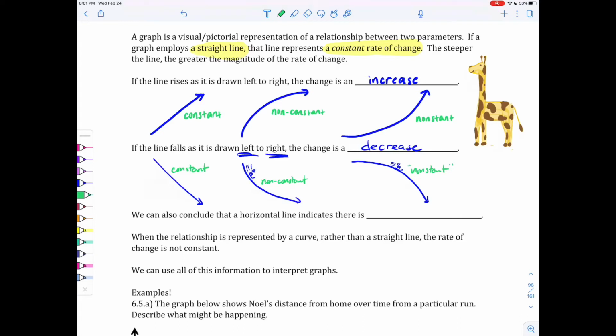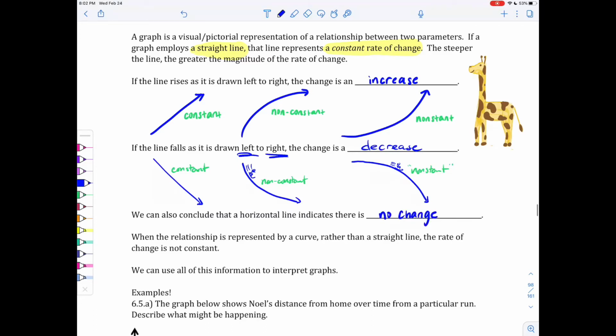If we know that an increase in our rate of change occurs when our line rises, and a decrease occurs to the rate of change when our line falls, we can say that a horizontal line indicates that there's no change in the rate at all.